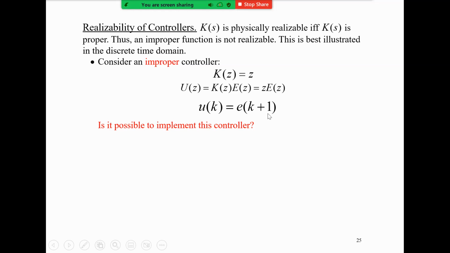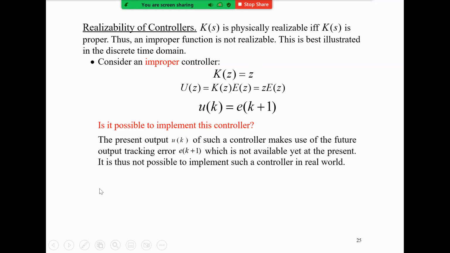So this is the example for you to see why, if the controller is improper, we may have an implementation problem. The present output u(k) of such a controller makes use of a future tracking error, which of course is not available at the present time. We cannot use that, so it is not possible to implement such a controller in the real world.